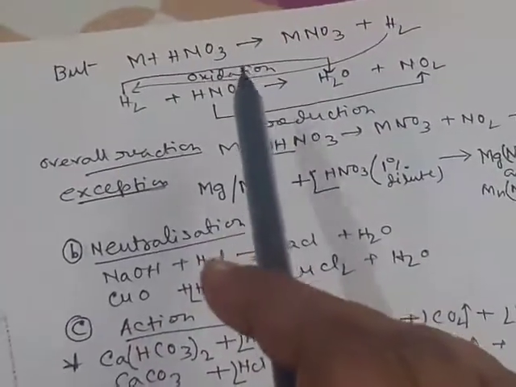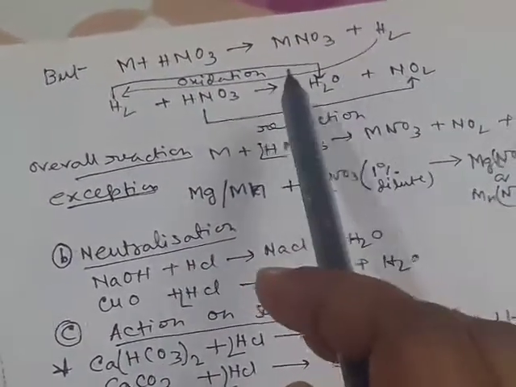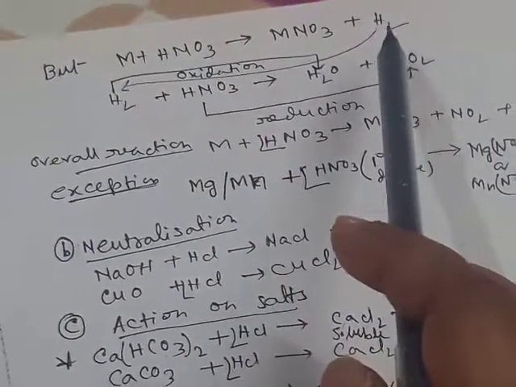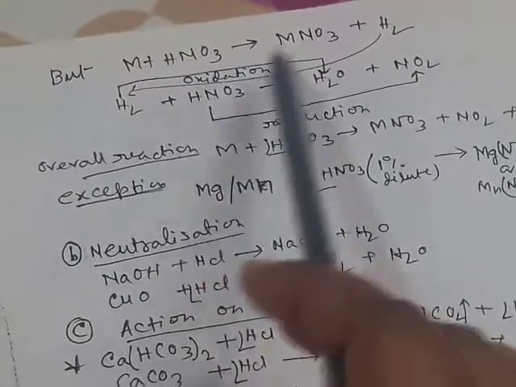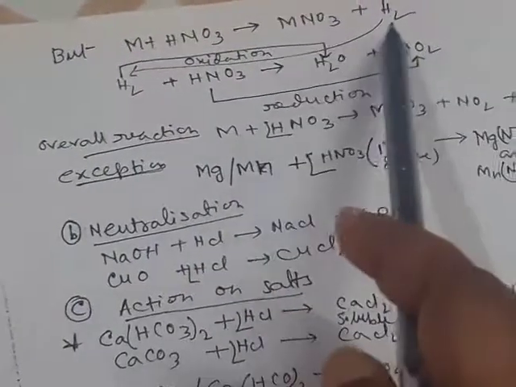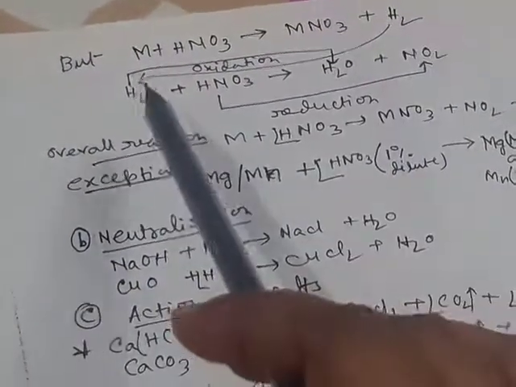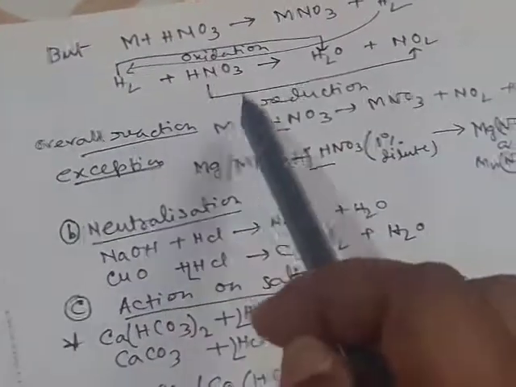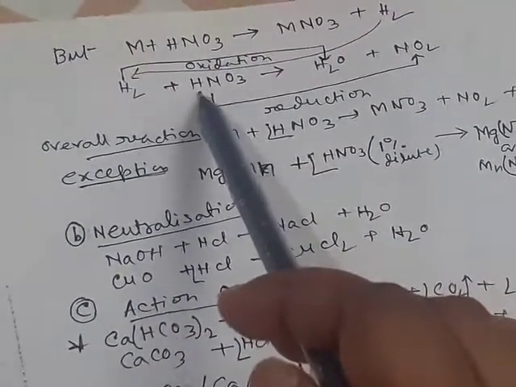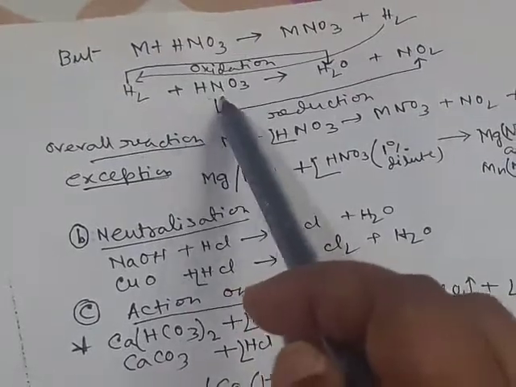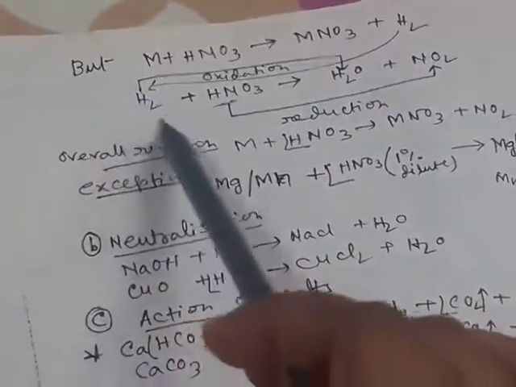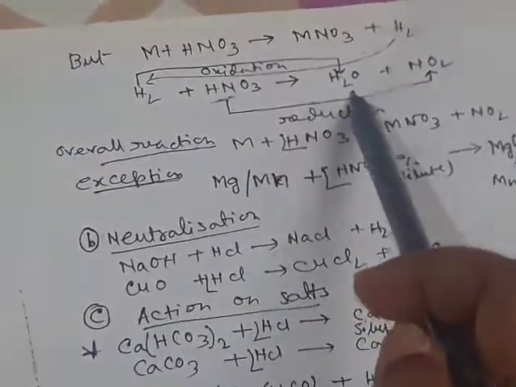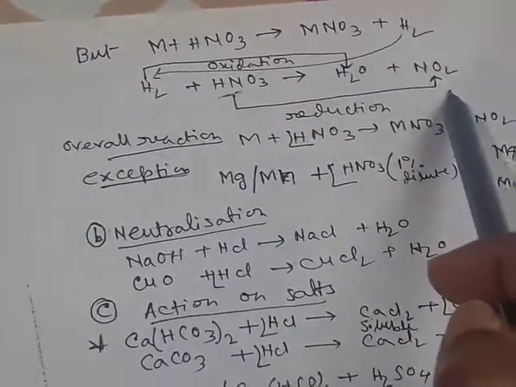But when metals react with nitric acid, the hydrogen is not eliminated, because there will be formation of metal nitrate and hydrogen gas, but this hydrogen is again oxidized by nitric acid. As we know, nitric acid is a very good oxidizing agent, so it oxidizes hydrogen to water and itself gets reduced to nitrogen dioxide.